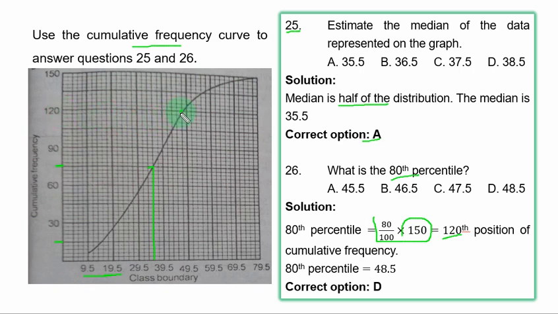You can see there. So when you trace down to the class boundary axis, you have it somewhere here. But where you have the curve accurately is in between 47.5 and 49.5. So in between should be 48.5. So D is the correct option.